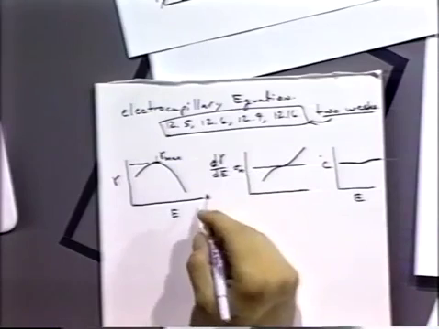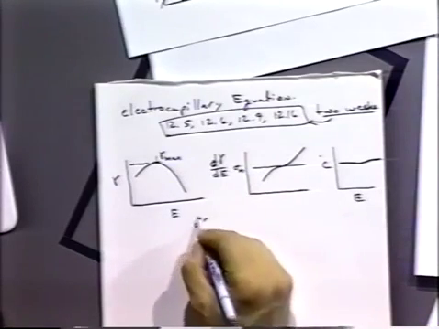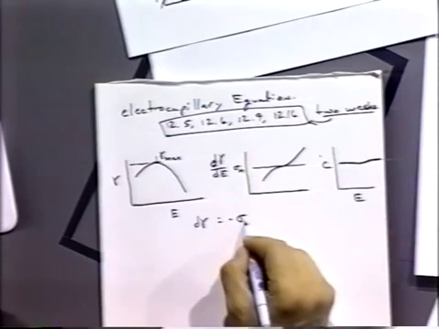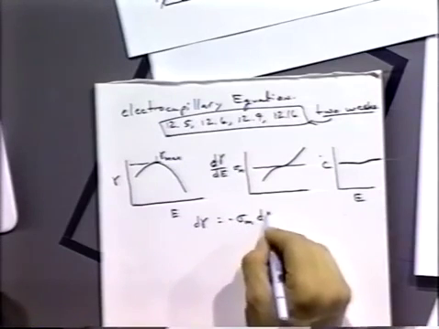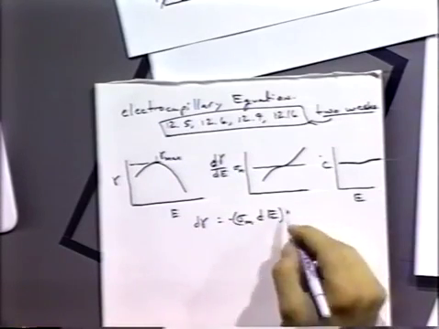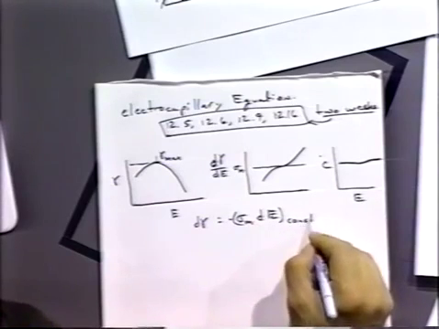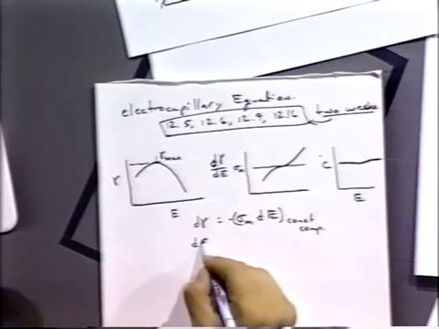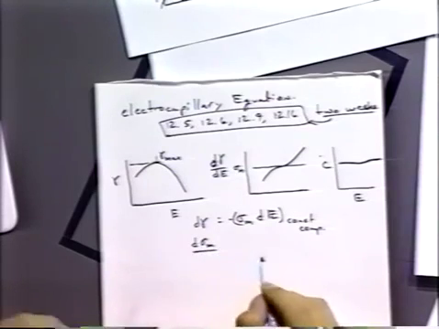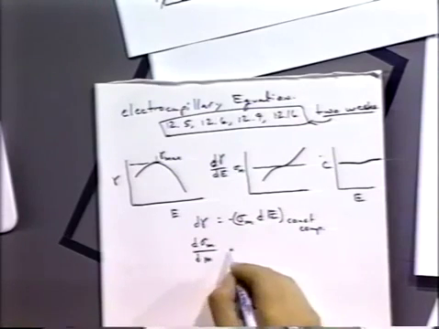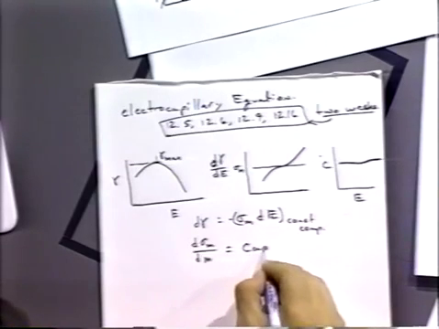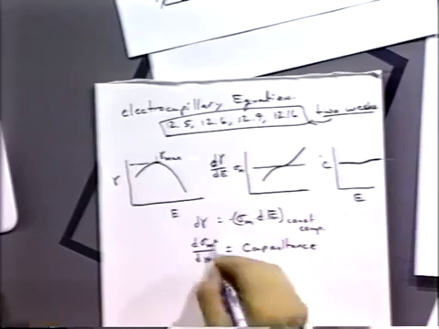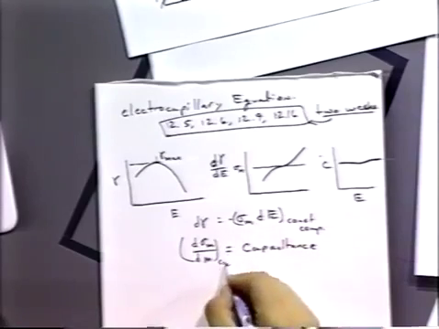Those relationships work out because it turns out that d lambda is equal to minus the charge on the metal d E, holding everything else constant, and the derivative of the charge on the metal versus E happens to be equal to the capacitance, again holding everything constant.